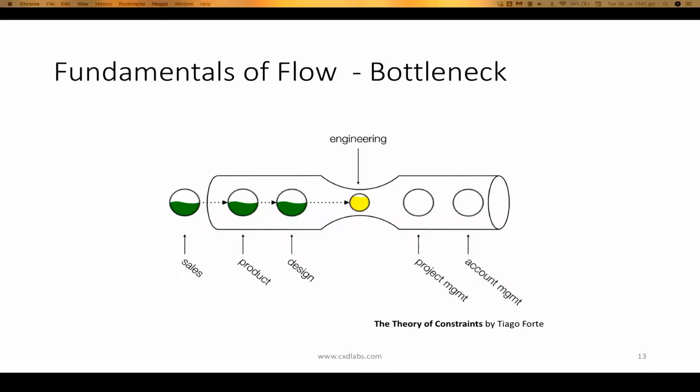So now we come to a problem where if there is a bottleneck in engineering, the amount of work for sales and product design becomes less because they have to wait for engineering to complete their bits. And now we come to another problem.